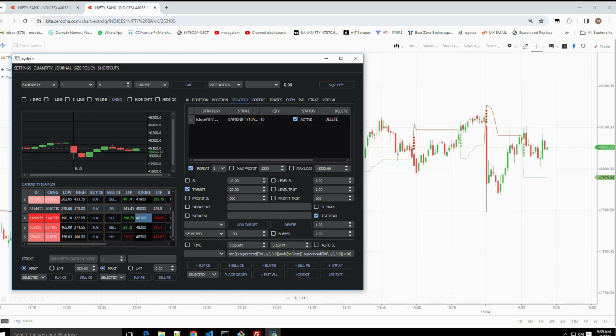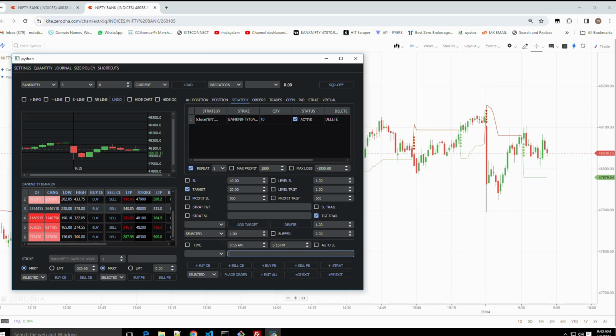Next, this is how I set the stop loss. Whenever the current candle crosses below the SuperTrend and closes below the SuperTrend, it should exit the order. So how do we add this in our indicator?